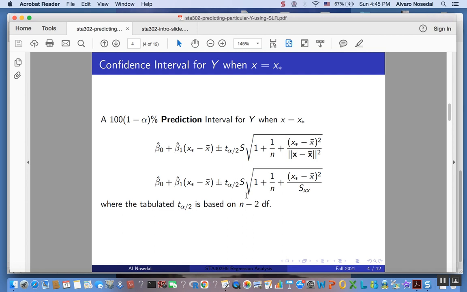To derive it, we had to study the statistical properties of the prediction error, and in order to do that, we had to use the knowledge we had about the distribution and statistical properties of our estimators beta hat 0 and beta hat 1, and of course the estimator for sigma square as well, s square.